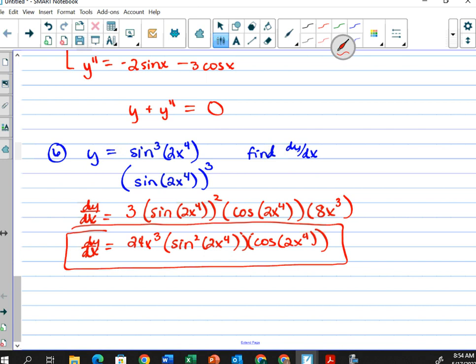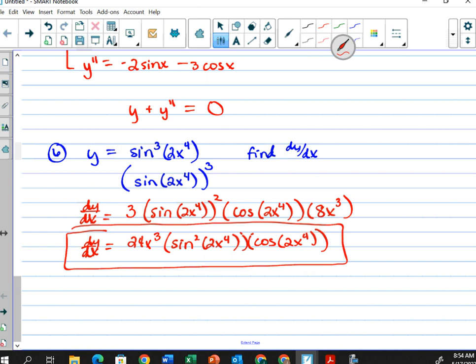So you're good with this piece, right? And then the next one. What's the derivative of this inside piece? You got to get all the way to the inside part. Start on the outside. Here, we subtract one, we got this.